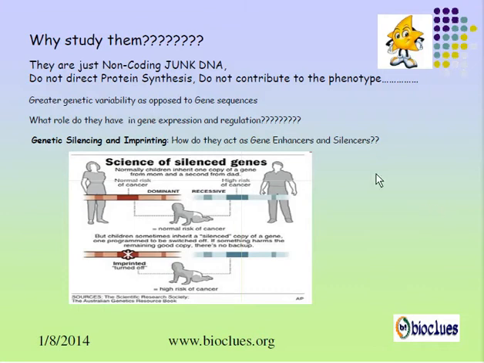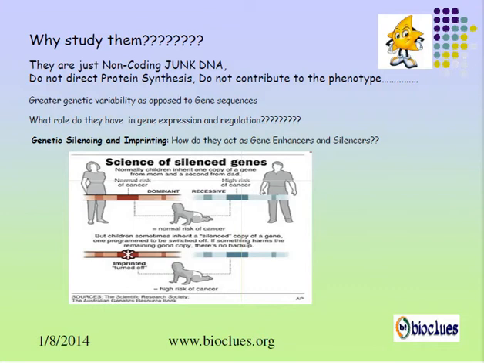The non-coding DNA might have certain regulatory sequences or patterns which might be of importance and are not much studied. For example, let's talk about genetic silencing and imprinting. Genetic silencing is the ability of a cell to prevent the expression of a certain gene.